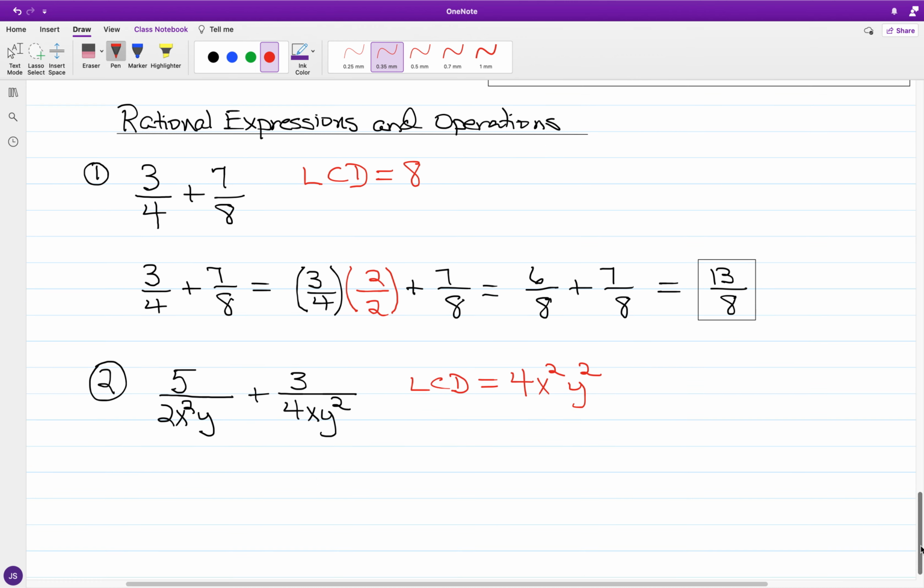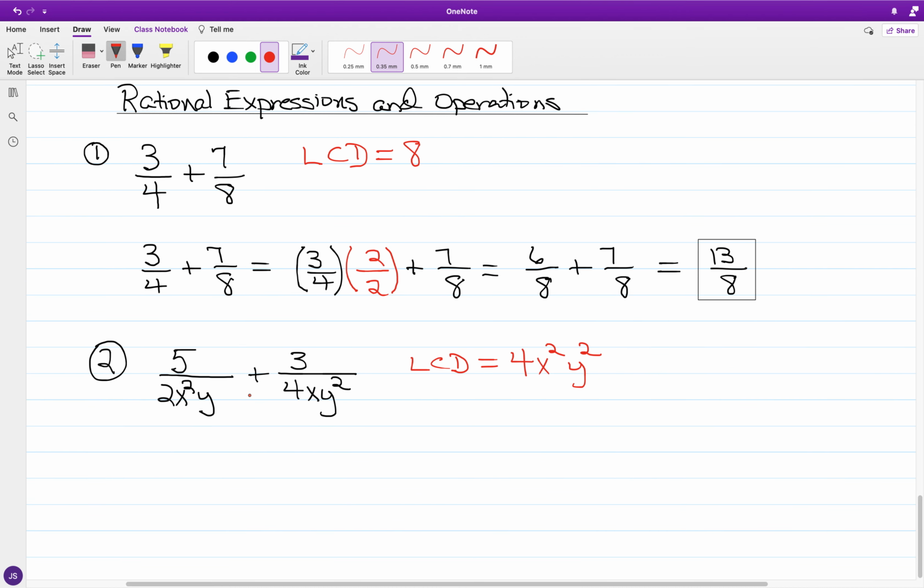Okay. And since neither of these fractions consists of everything in the least common denominator, both of these are going to end up being adjusted. Okay. And say we have over here, okay, so we have with the first ratio.